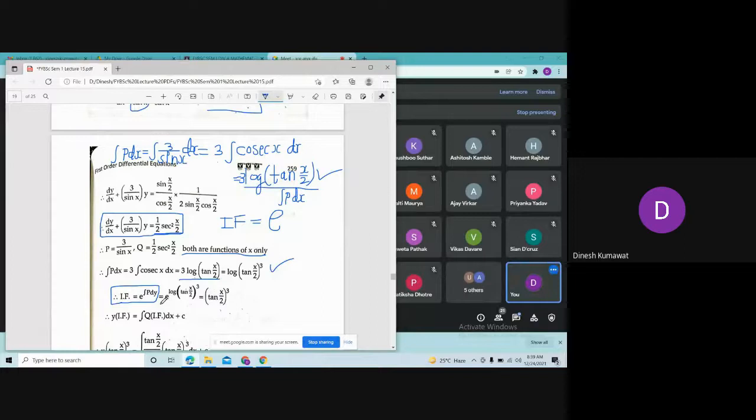So, e to the power integration p dx is nothing but e to the power log of tan x by 2 whole cube, and this can be written as tan of x by 2 to the power 3. Is that clear?